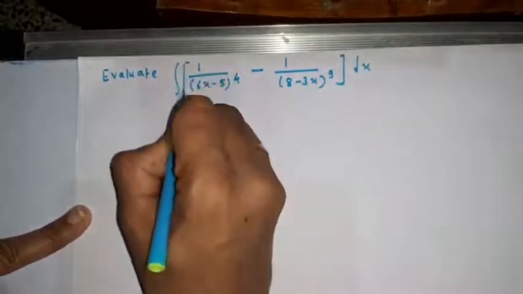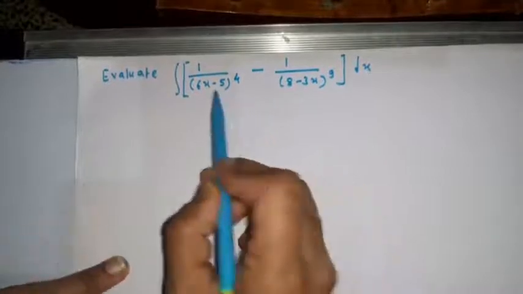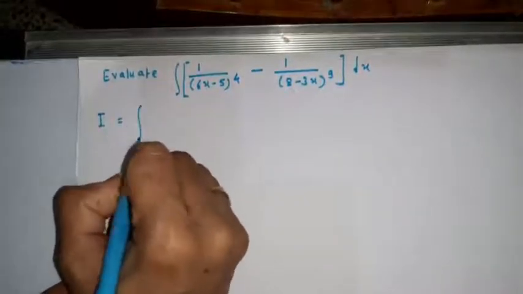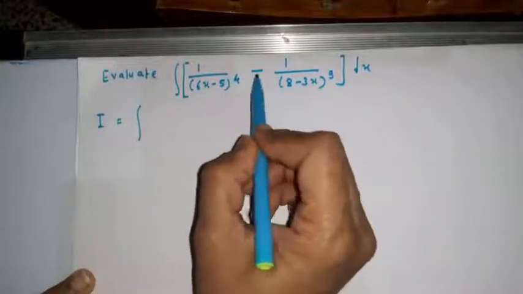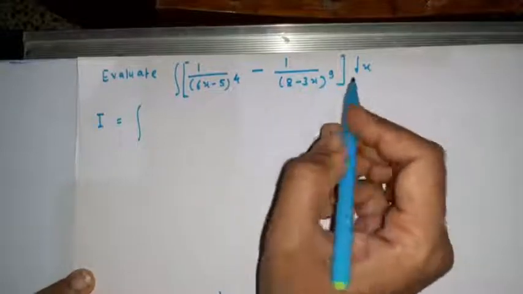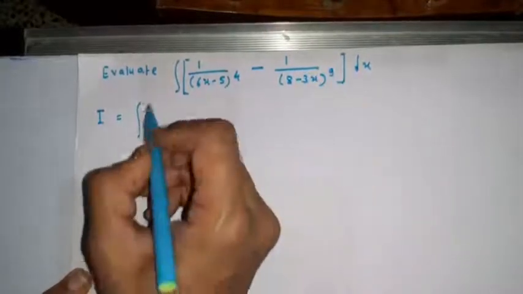Find the integration. Okay, students, again there are two terms. To find the integration, take their integration separately. Here the power is 4, the power is 9, and the terms are separate, so we take the integration also separately.